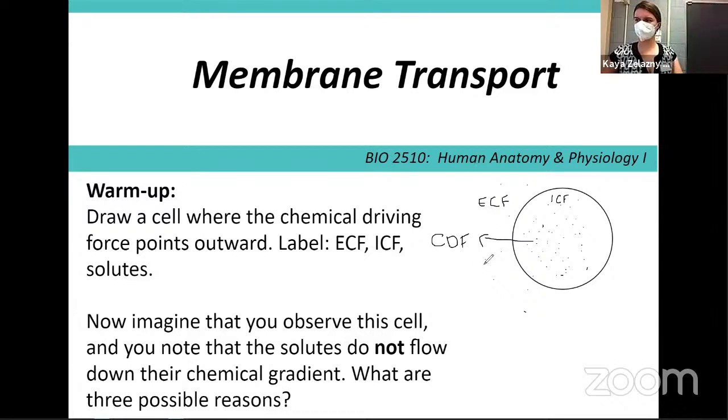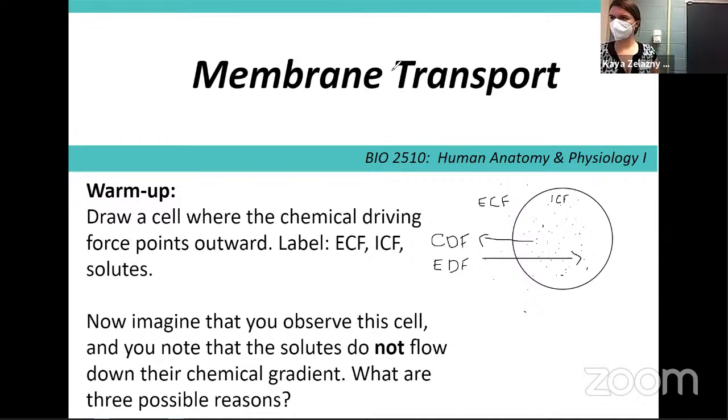Right. So if we have an EDF that points in, let's say our solute is an ion, right? If the EDF is more powerful, which direction is that ion going to flow? It's going to flow in, right, if it's more powerful.